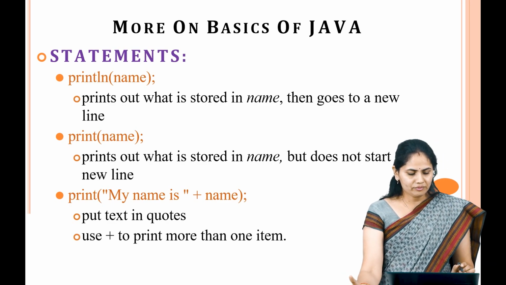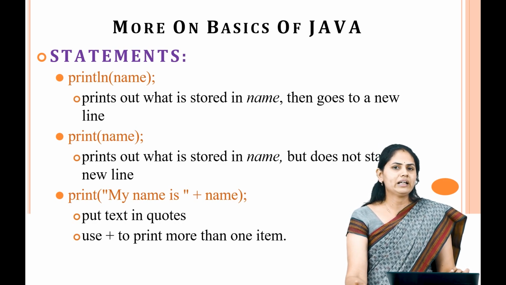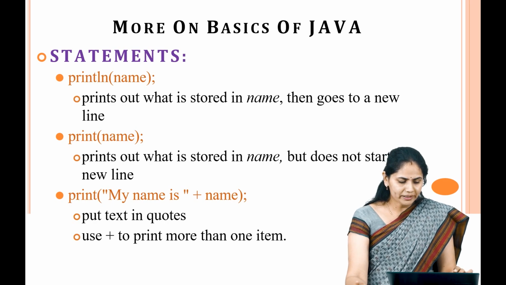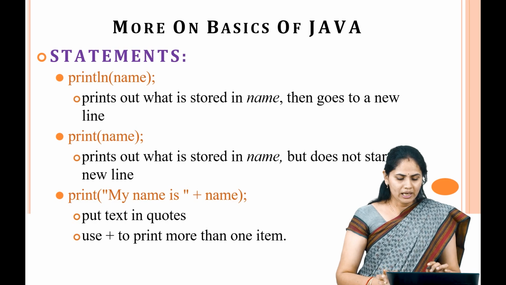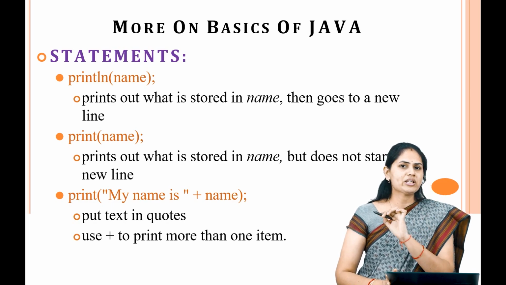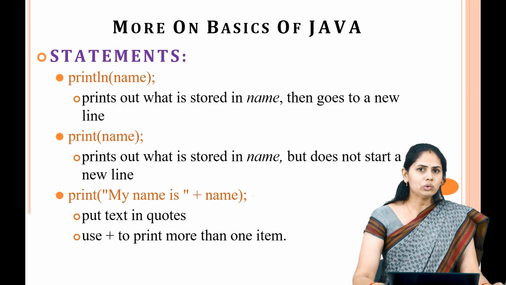First we will see the first statement, println, with name within the brackets. But with that name, double quotes are not there. It means it is not a string. So it will print what is stored in the name variable and then go to a new line, because ln is mentioned with print; ln is for new line.